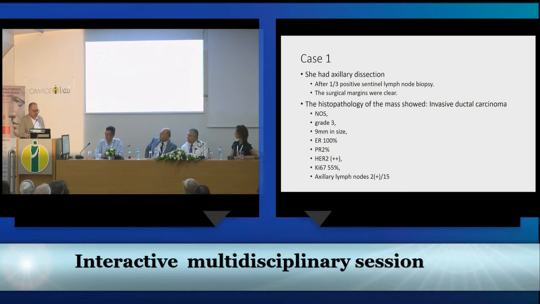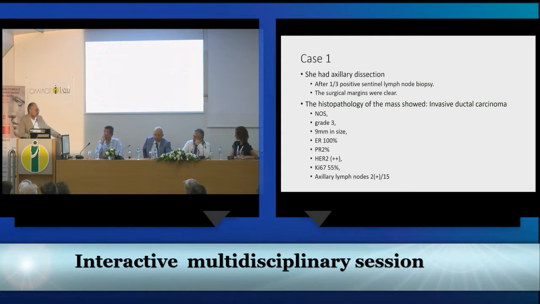If it's 1 of 3 positive sentinel lymph nodes, and the surgical margins of the tumor are clear, would you do the dissection, or would you just leave the patient, like with the Z11?